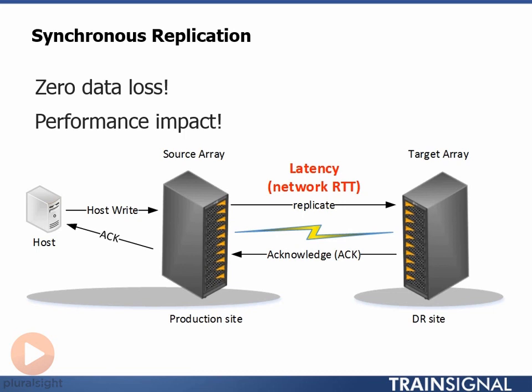So, short distances between sites incur relatively small performance overheads, whereas larger distances impose larger performance hits. And a good rule of thumb for the maximum distance between your sites for synchronous replication is probably about 100 miles. However, it's just a rule of thumb, and you'll definitely want to consult your array vendor and your application's guidelines, as well as probably speaking either with your telco provider or your network team.